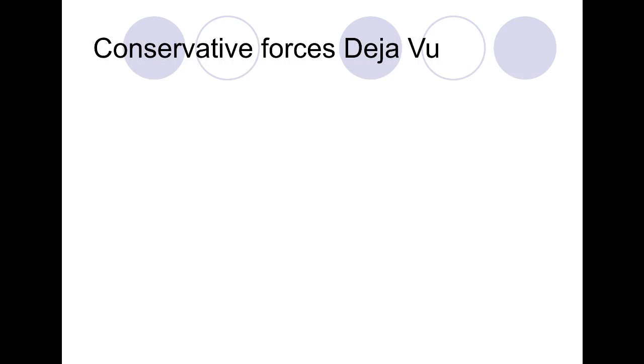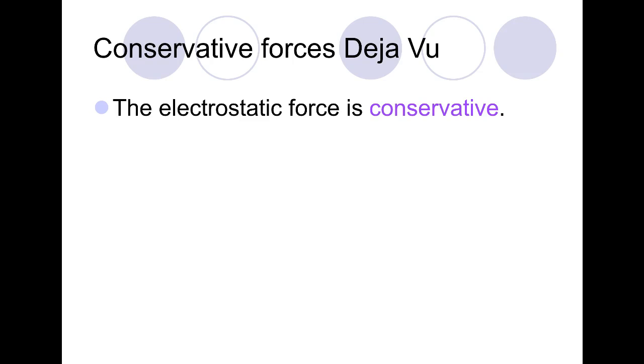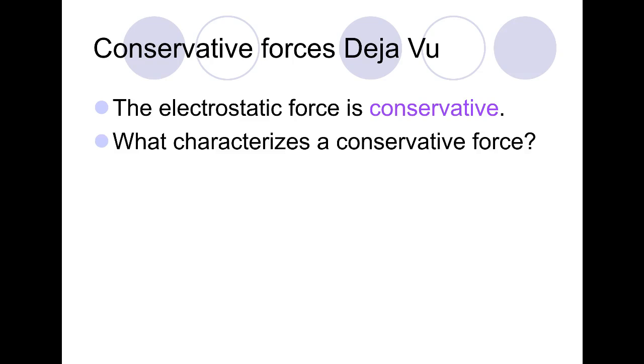Okay, so let's take a moment to go back and think about conservative forces again. The first thing to point out is that the electrostatic force is also conservative, just like gravity. So what does this mean to have a conservative force? Well, there are three things. First of all, there's path independence for work.